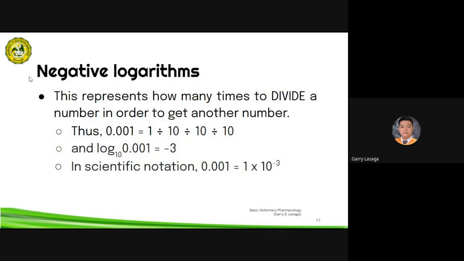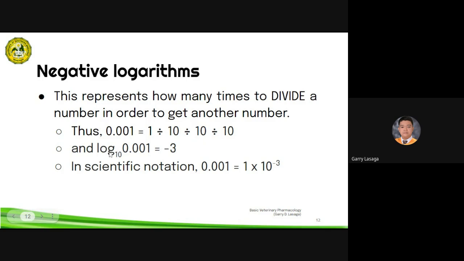We also have negative logarithms. In describing the pH, or the concentration of hydrogen ions, we usually use negative logarithms because, again, the number of hydrogen ions in a solution is very small. When we say negative logarithm, this represents how many times we are going to divide a number in order to get another number. For example, the number 0.001 can also be interpreted as 1 divided by 10, divided by 10, divided by 10.